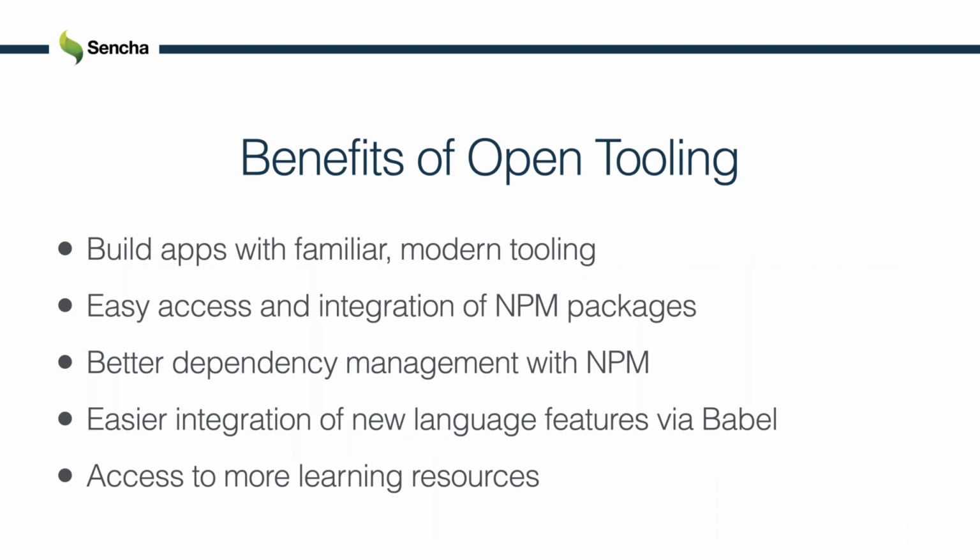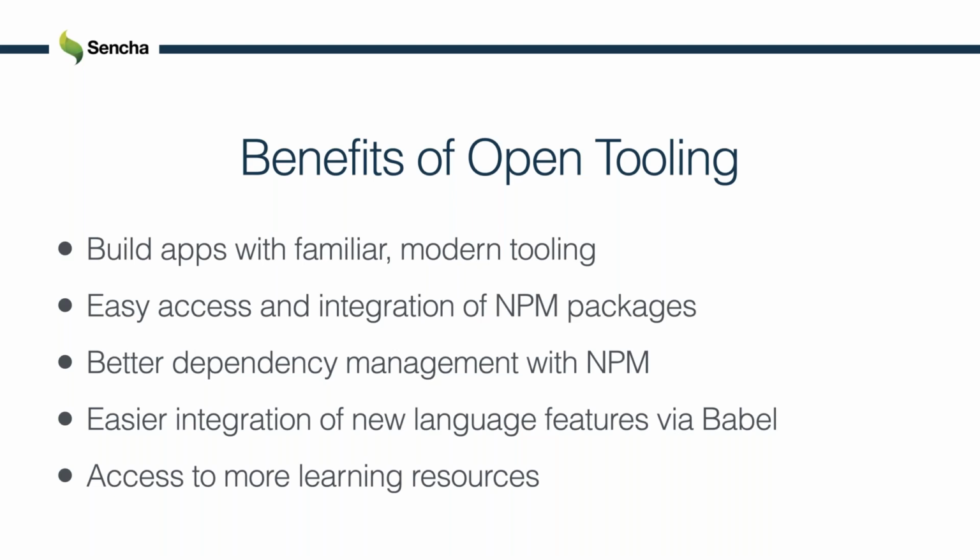So what are the benefits of using open tooling, as opposed to sticking with Sencha Command? It gives us the ability to build our apps with potentially familiar modern tooling. Obviously, most other frameworks make use of the Npm ecosystem and build tools like Webpack already.